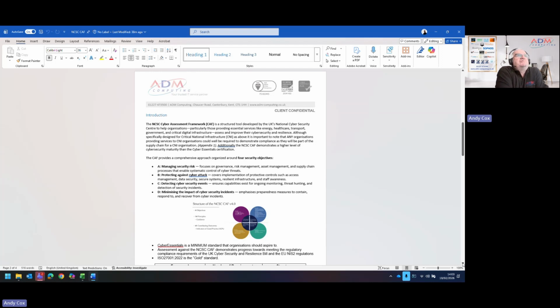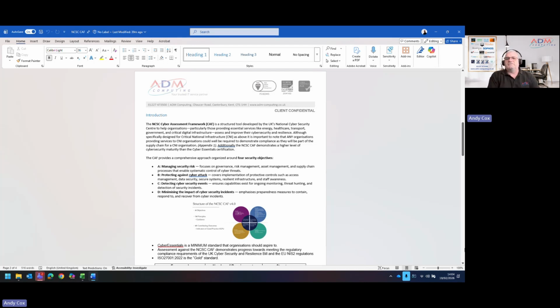Now, once that's introduced, that will put a lot more formal definition around the cybersecurity requirements for organisations. In particular, it's targeted at organisations that are classed as part of critical national infrastructure.